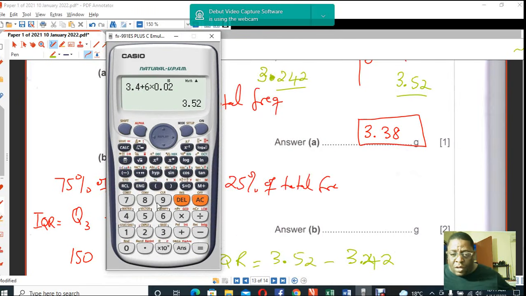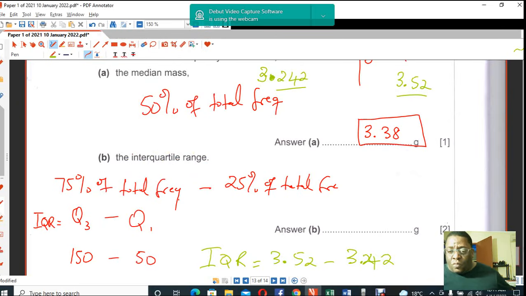If you don't agree, the answer will be a range. So 3.52 take away 3.242 gives me about 0.278. The final answer should be more or less 0.278.